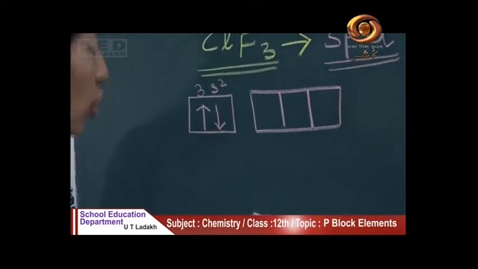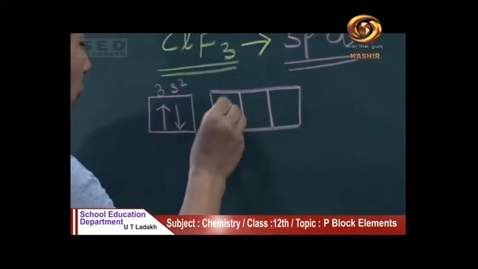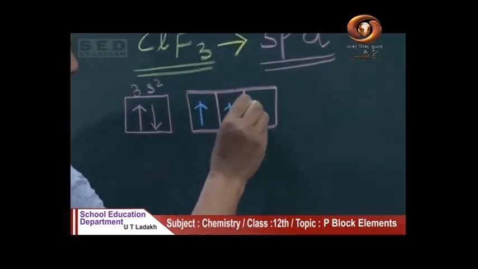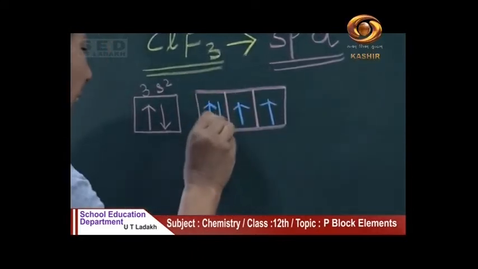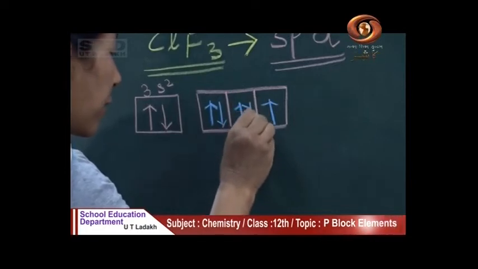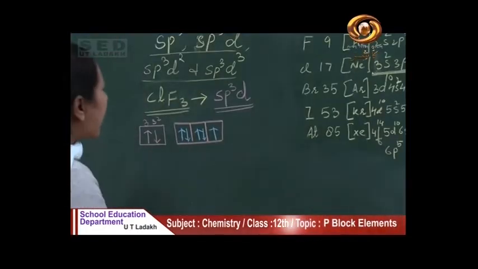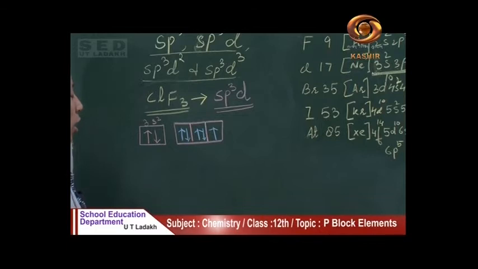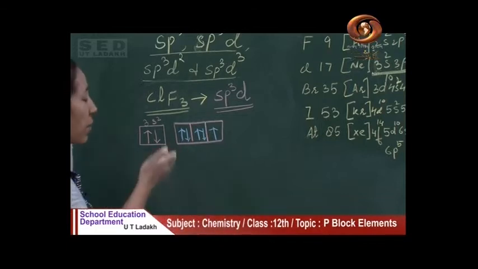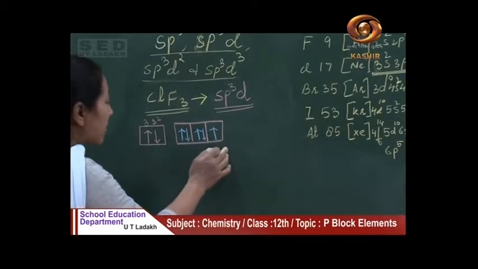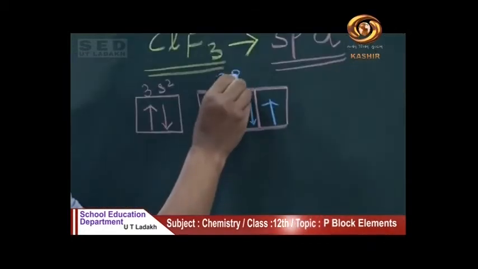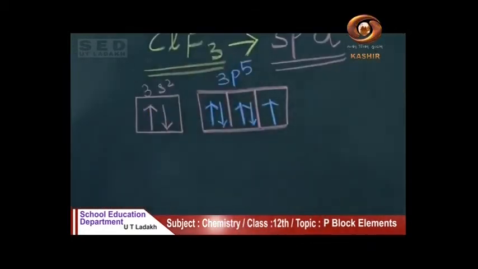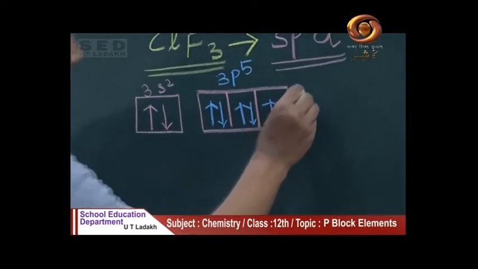So electrons are first singly filled, then doubly filled. This is according to Hund's rule and the Pauli exclusion principle. Electrons should be filled like this, and this is 3p5.